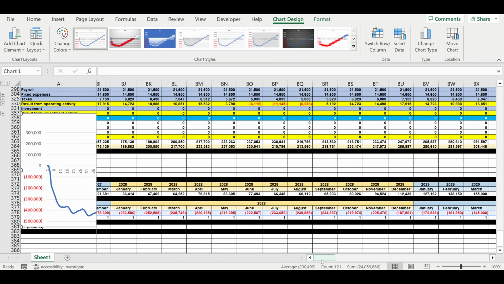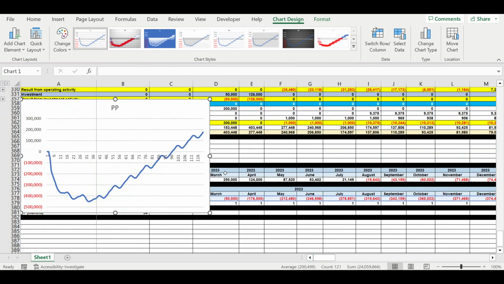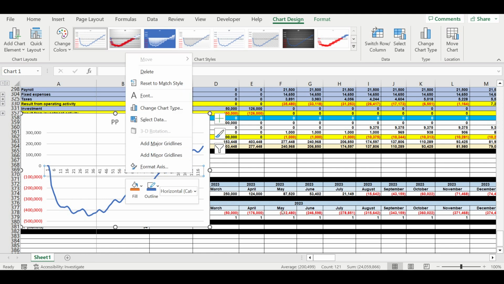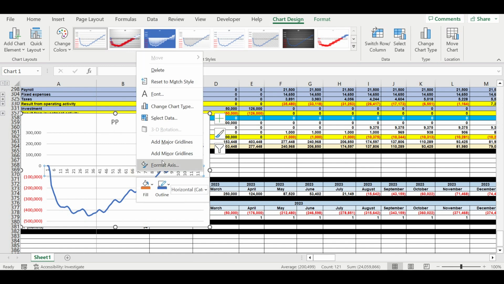If we have waves like this in our business idea, this means that our project has some seasonality that we've created earlier. So here I will change, select data, edit.